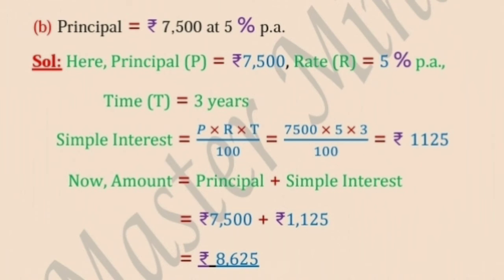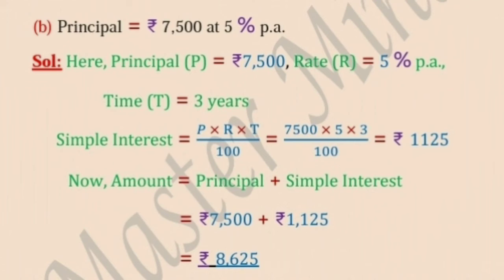Sum number 9b. Principal amount is equal to 7500 rupees at 5% per annum. Here, principal P is equal to 7500 rupees, rate R is equal to 5% per annum, and time T is equal to 3 years. It is given in the beginning only. Therefore, simple interest is equal to P into R into T upon 100, which is equal to 7500 into 5 into 3 upon 100.